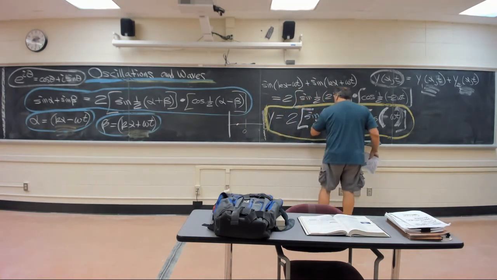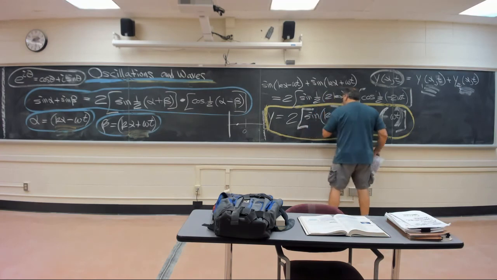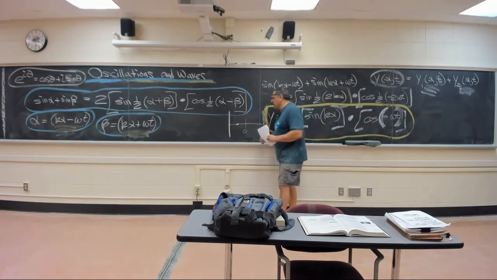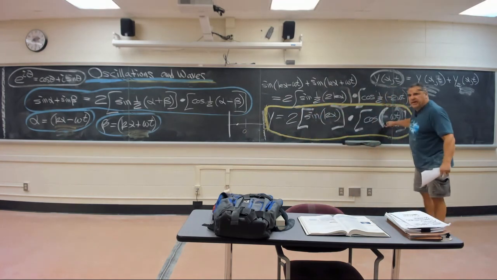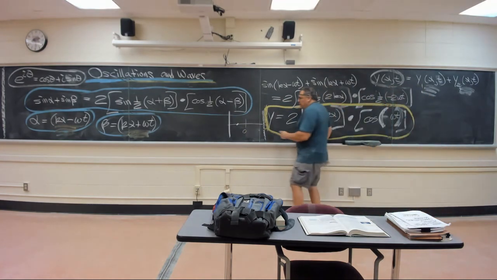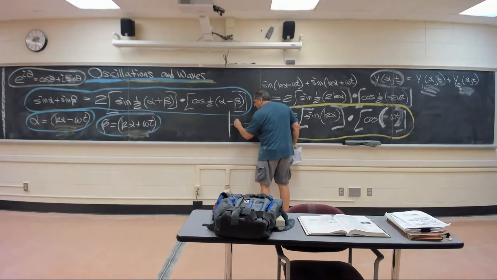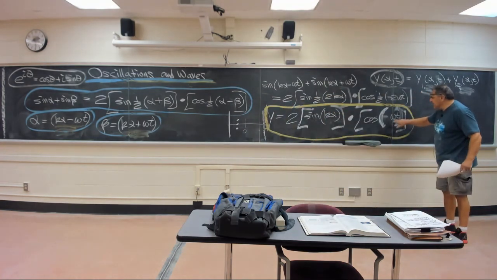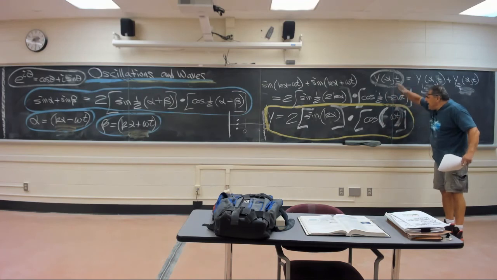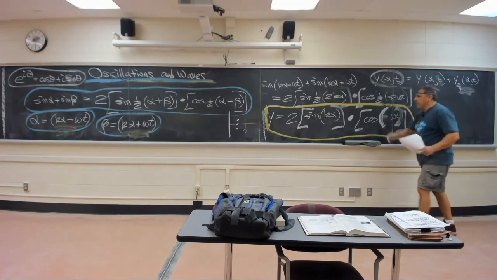2 times this guy, 2 times the sine of kx is something. Let's pretend the cosine is at its biggest place, 1. You got the biggest place it can be, which is right here. Or if it's a negative 1, it'd be right here. But as time progresses, cosine omega t oscillates between negative 1 and positive 1.